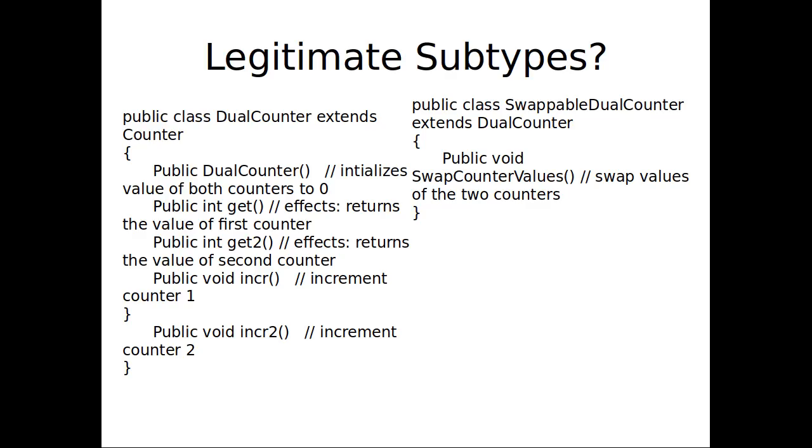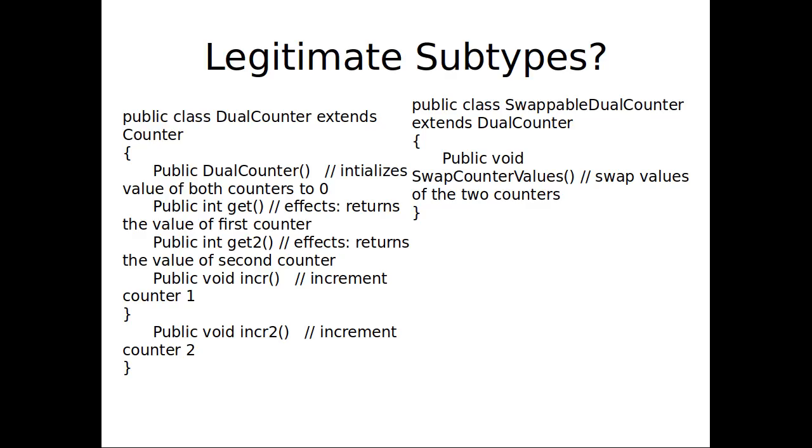And here's the Liskov substitution property with respect to counter. So how about, however, swappable dual counter? Why not? It could go down. You swap the 2 counters, now suddenly counter 1 could go down. So if you just knew that the swappable dual counter was a counter, suddenly it could decline because somewhere else in the code, who knows it is a swappable dual counter, they call swap counter values.